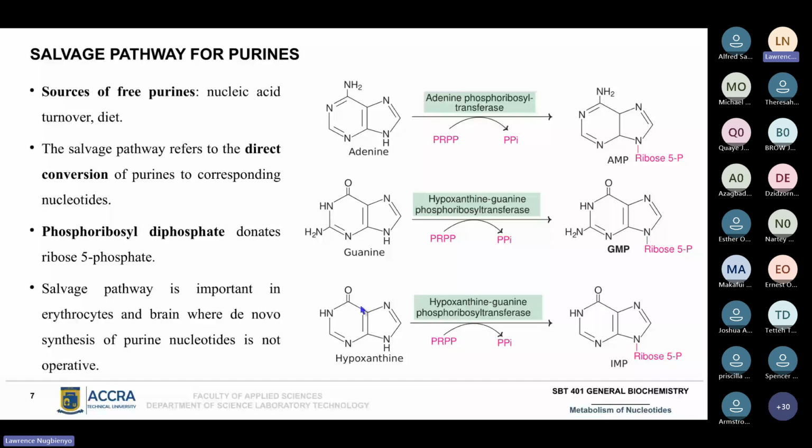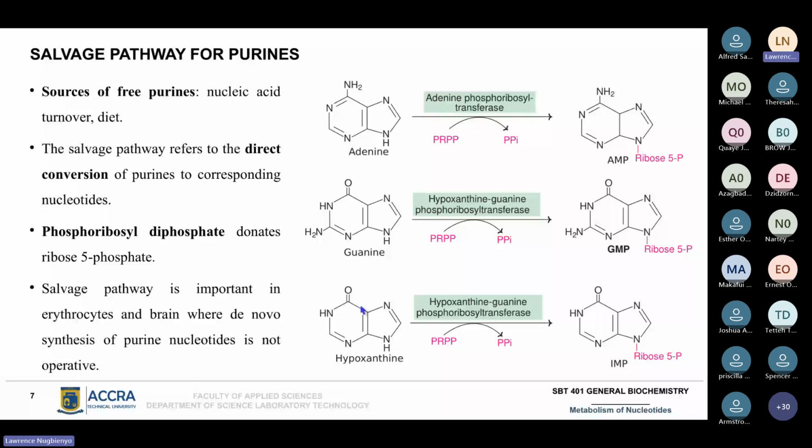These ones can just come together and form a nucleotide. That is not de novo synthesis. It is not synthesis of the nucleotide from smaller molecules, from scratch. It's just a recycling path. When there is a breakdown of these nucleotides, these components can bind together and then give you another nucleotide.